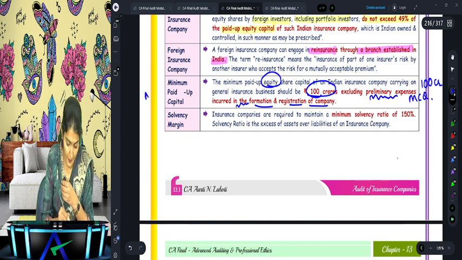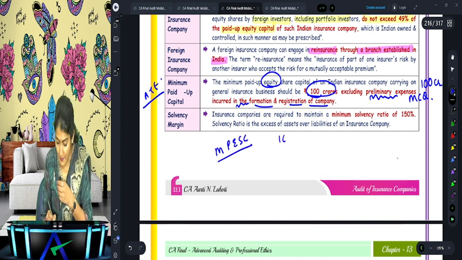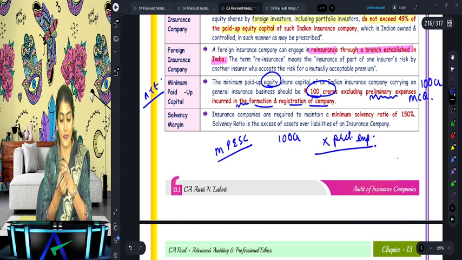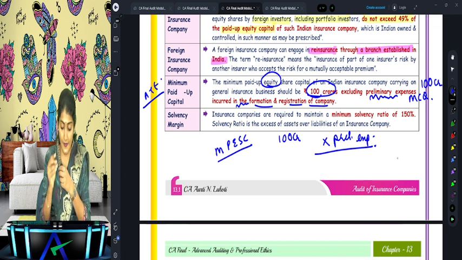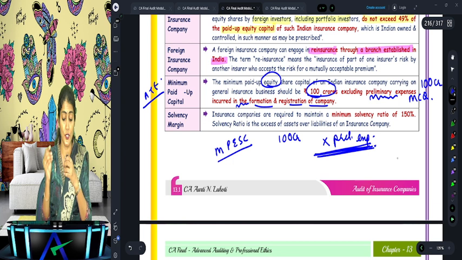MCQ ATF. Right, what is the minimum paid up equity share capital of an insurance company? It says 100 crore, excluding the preliminary expenses incurred for the formation and registration of the company.